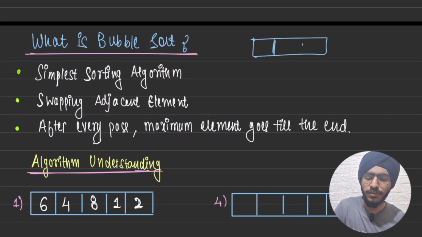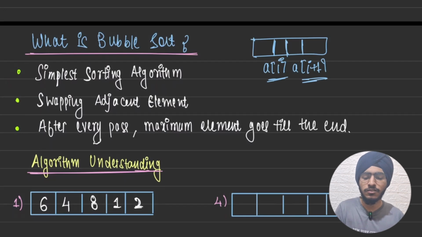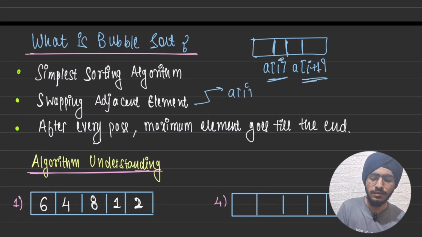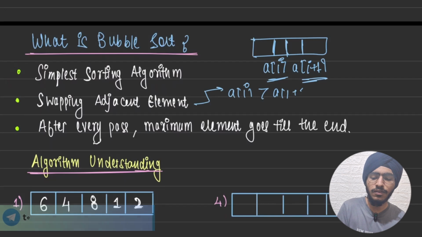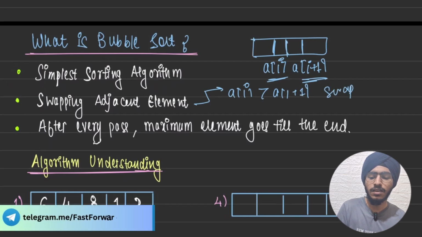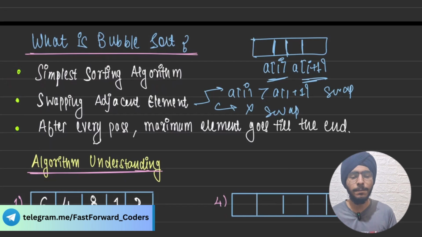For example, if we have an array, and in this array we have array[i] and array[i+1]. If array[i] is greater than array[i+1], then we will swap. Otherwise, we will not swap. Now we will understand how swapping is helping to make the array sorted. But for now, just understand that we are swapping the elements, and that's how bubble sort works.